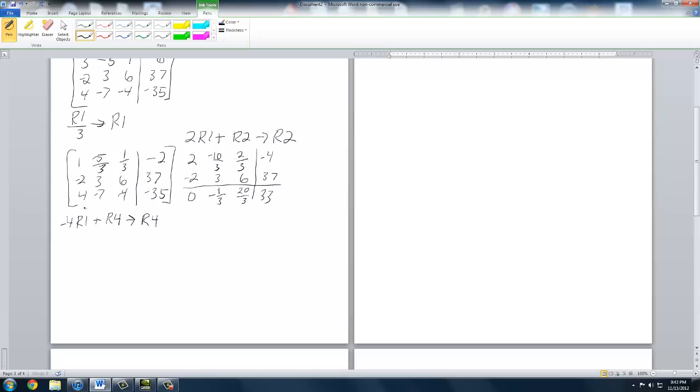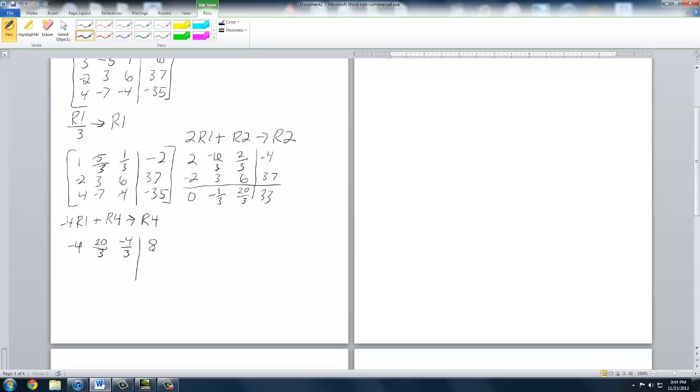All right, negative 4 times row 1. So negative 4 times all of these. So we're going to have negative 4. Negative 4 times negative 5 thirds is 20 thirds. Negative 4 thirds.